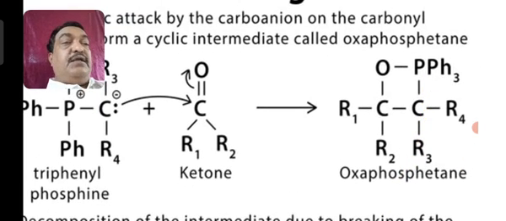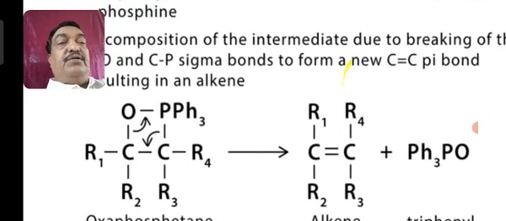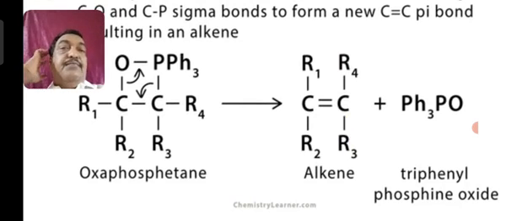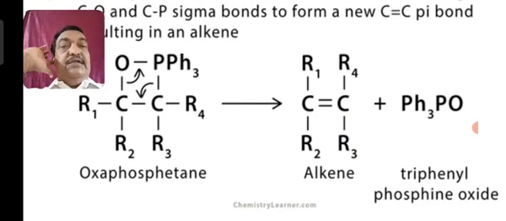Here what happened: R1, R2, C, O minus, and that O minus will make a bond with phosphorus, making a cyclic product, that is oxaphosphatane, right? So this molecule now undergoes a typical reaction. What is that typical reaction?